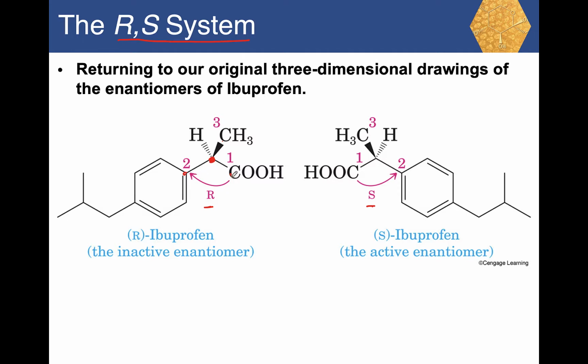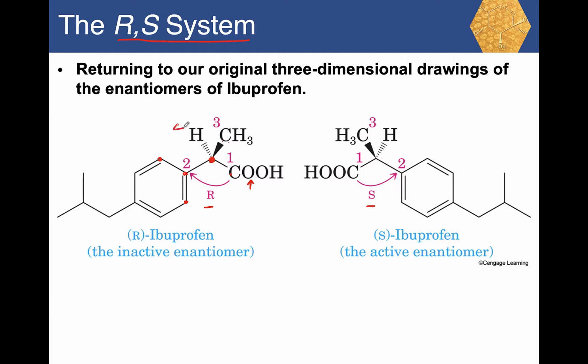Since this carbon is bonded to an oxygen, this gets number 1. Since this carbon is bonded to another carbon, and here even another carbon, notice carbon, not oxygen, it gets number 2. This carbon is bonded to hydrogen, so therefore it gets number 3.